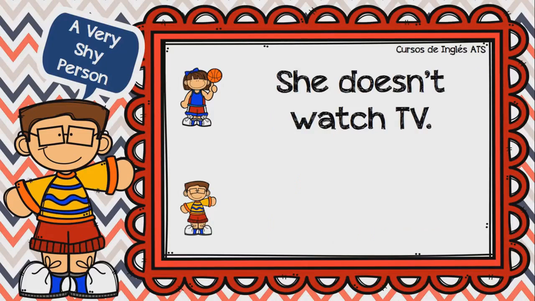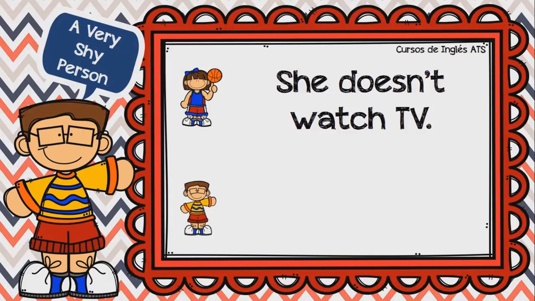She doesn't watch TV. Simple present or verb to be? Simple present. Very good. How do you know? We have an action, a verb. What's the action? Watch. Very good. Okay, this is a negative sentence.